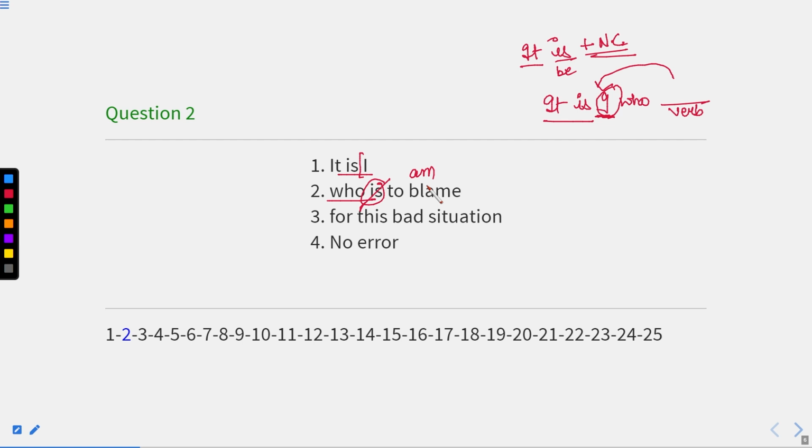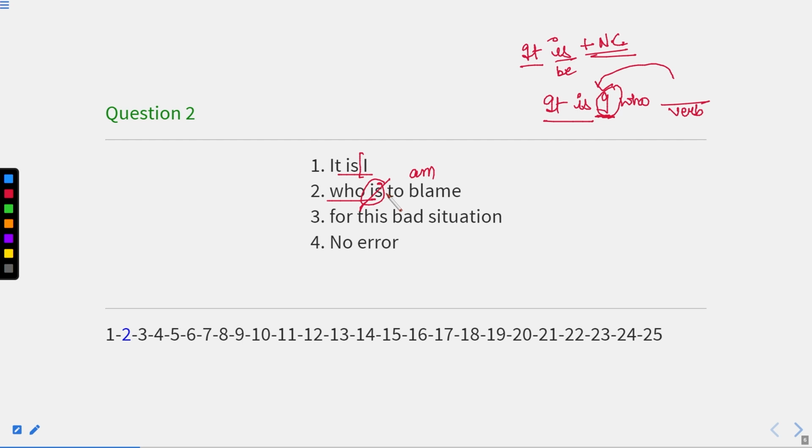Because after I, we can only have "am" or "have", but we cannot use "are" or "is". With I, there is a special rule that we have to use "am" or "have" or the plural verbs. So here we need to write "am" in place of "is". The correct sentence will be: it is I who am to blame for this bad situation.